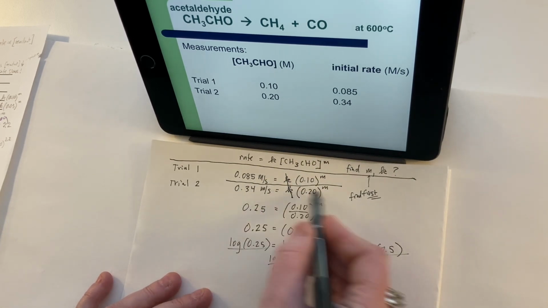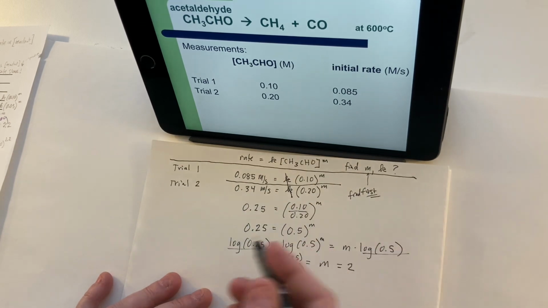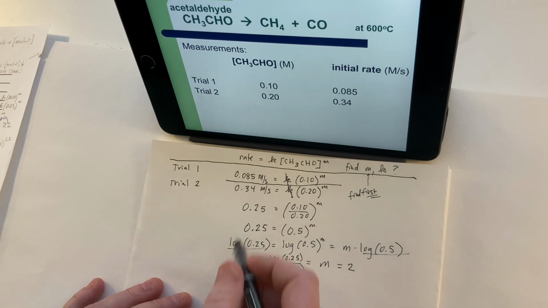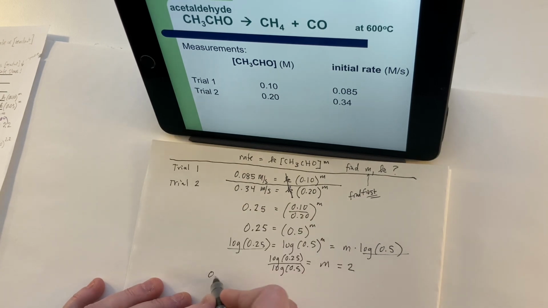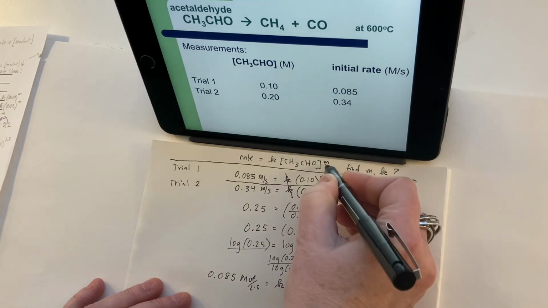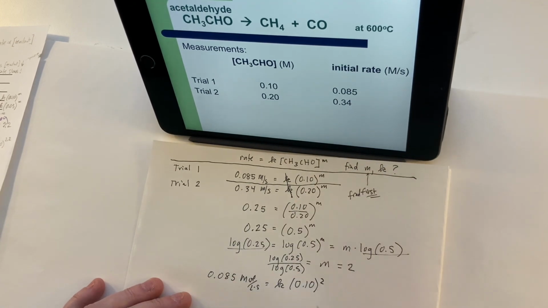Well, we could use either equation or both and average them. So I'll just take the first one. If I put my 0.085 mole per liter second is equal to K times 0.1. Now I know what M is. It's a 2, squared. And I want to solve for K. I got to bring my 0.1 squared over to the other side.